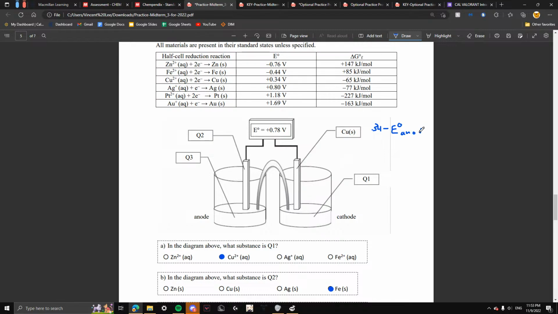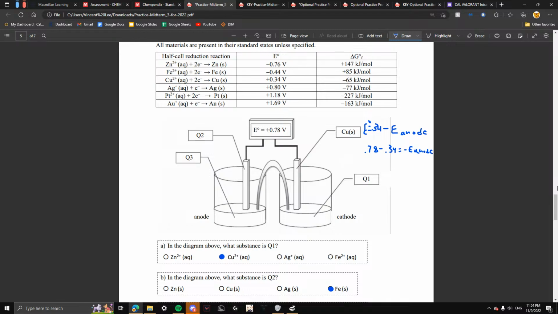Anode is equal to E thingy. There. And pretty much solve for that. So it's 0.78 minus 0.34 is equal to negative E anode.